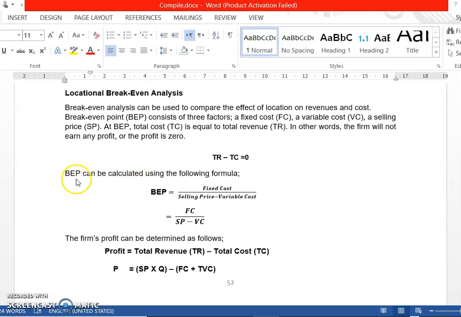BEP is break-even point, and can be calculated using this formula: fixed cost divided by selling price minus variable cost. So what is fixed cost? An example of a fixed cost is when you pay for rental. Every month you pay a fixed amount, 200 ringgit per month, 200 ringgit the next month.